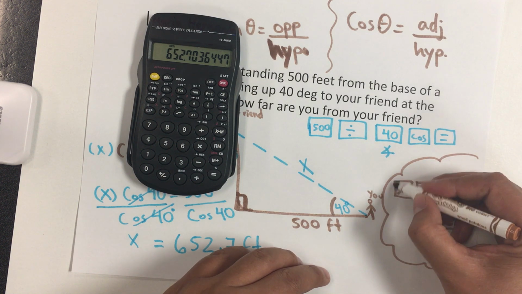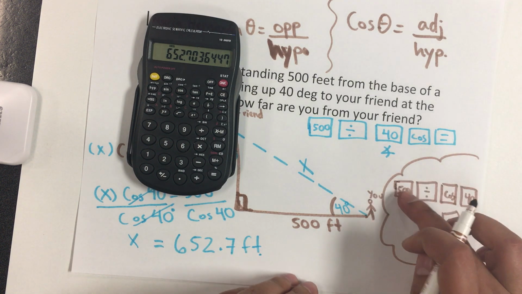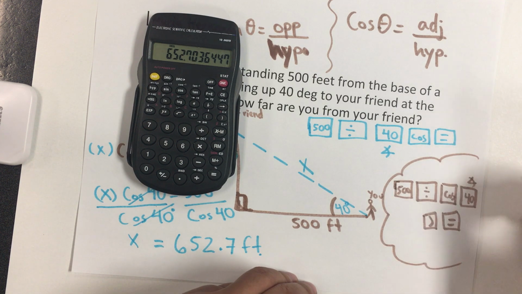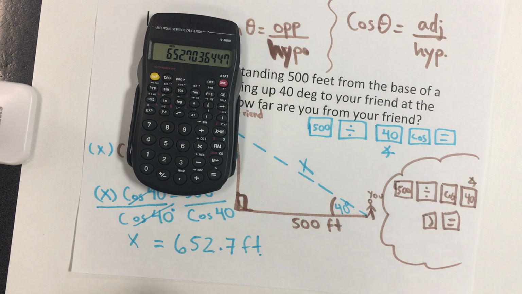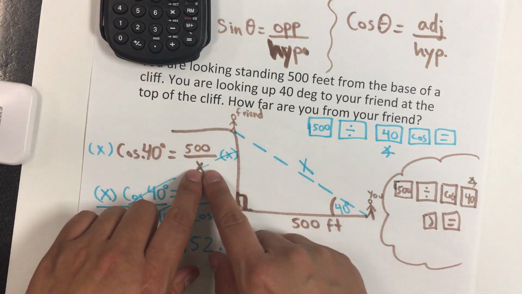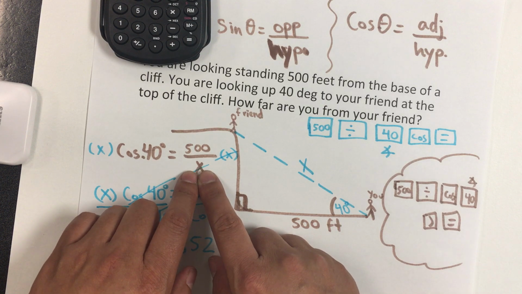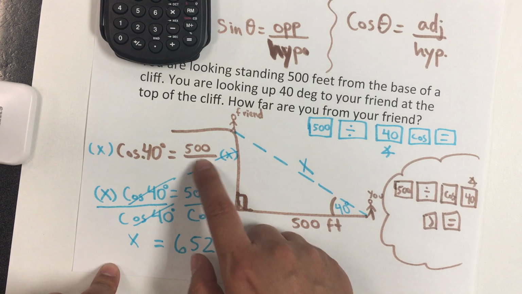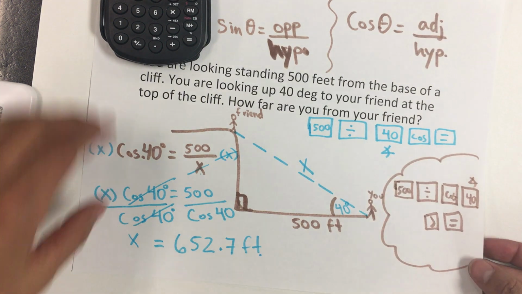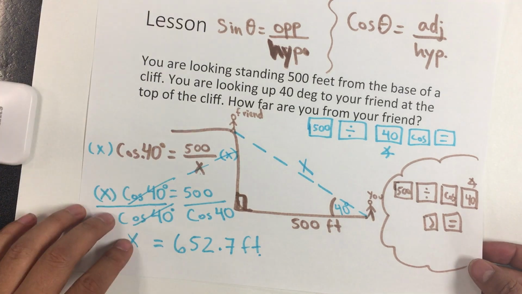Okay, so the measurement of the adjacent side divided by cosine of the angle, and remember that that angle can be different. So this is only for division. That's when you end up with the hypotenuse being the x, if you don't have the measurement of the hypotenuse.